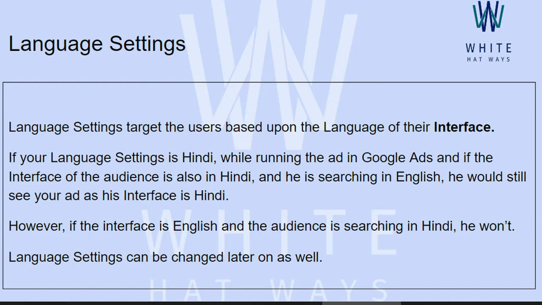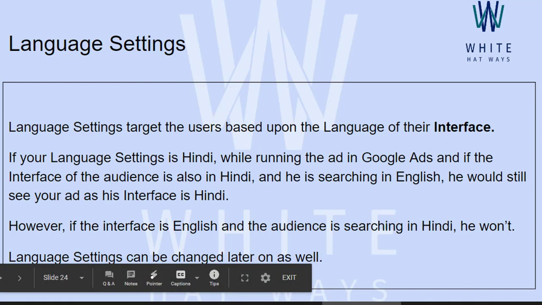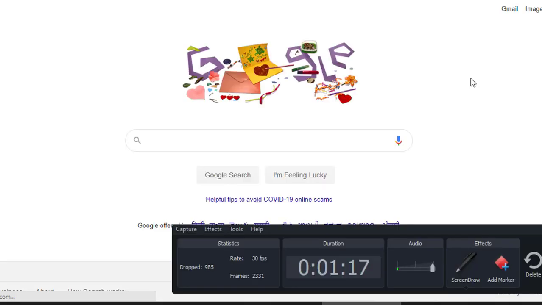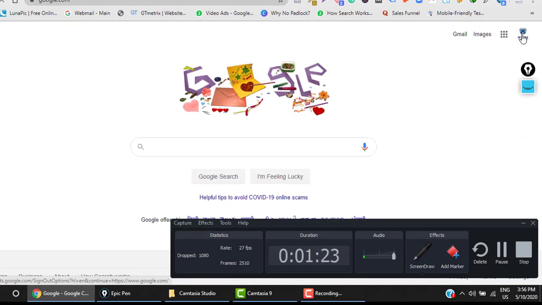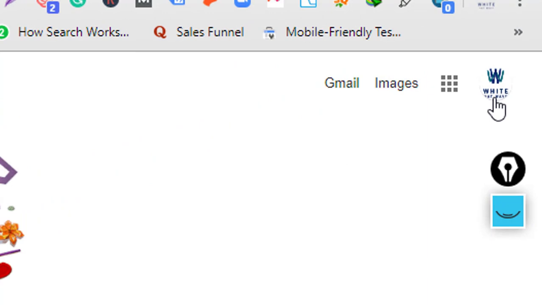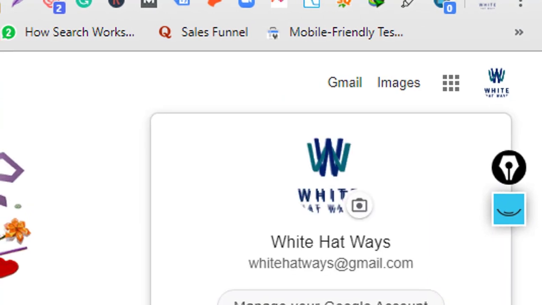So what is the language of interface? You can see the language of your own interface going over here. So we will go to Google. Once we go to Google, you will click here, and then go to manage your Google account.